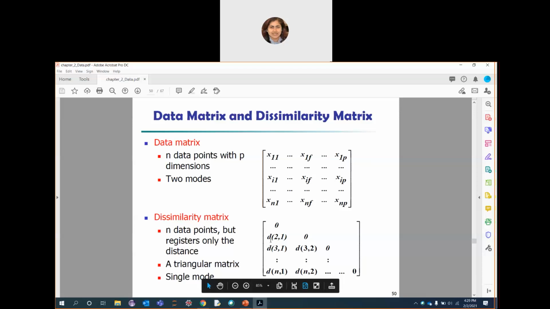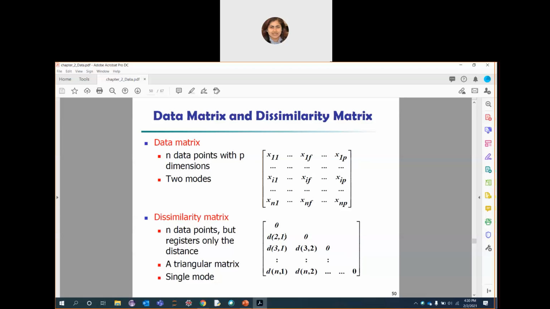If you see this first one, d of 2 1, we can say d of ij. Here d of ij is the measure of dissimilarity or difference between objects i and j. For d21 we can say it is the difference, proximity, or distance measure between object 2 and 1.